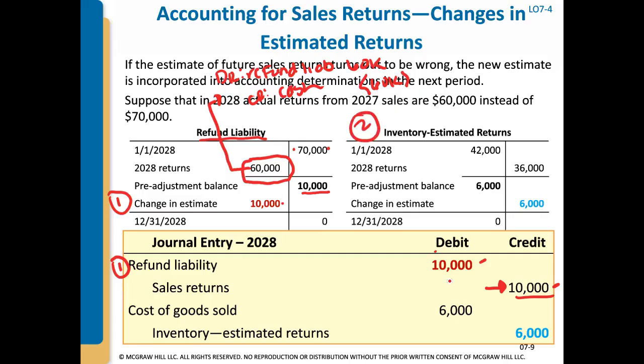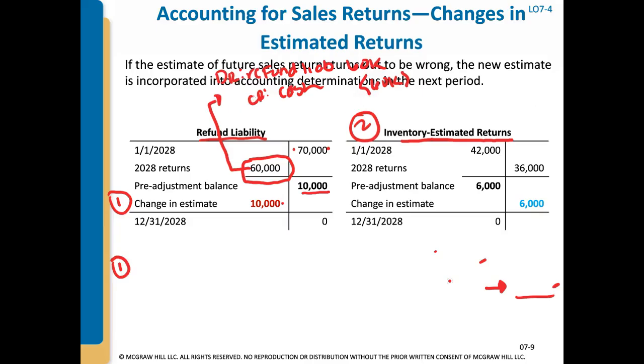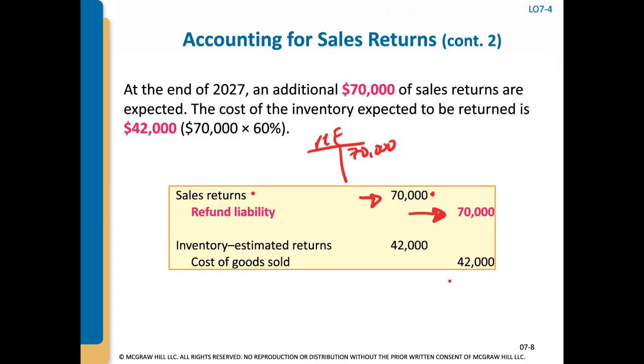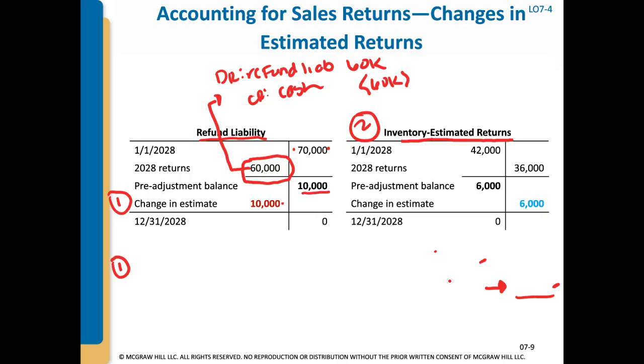This is journal entry number two, and we're going to look at our inventory estimated returns account. And this is our balance sheet account as well. So if you recall, if we go back, we had debited inventory estimated returns for $42,000 in 12/31/2027. But only $60,000 of returns were actually made, and 60% of that, because that's our cost, is $36,000.